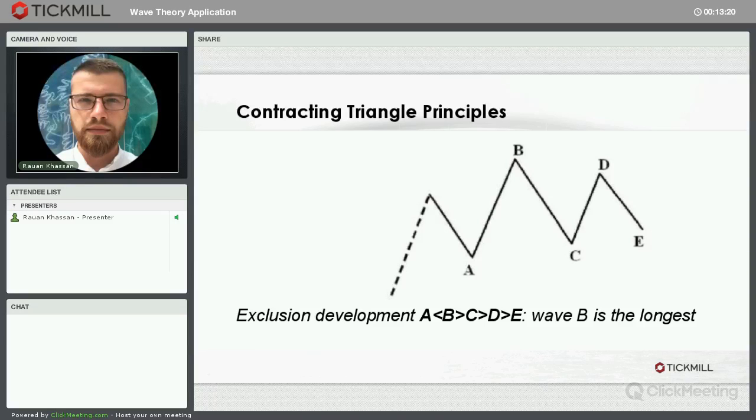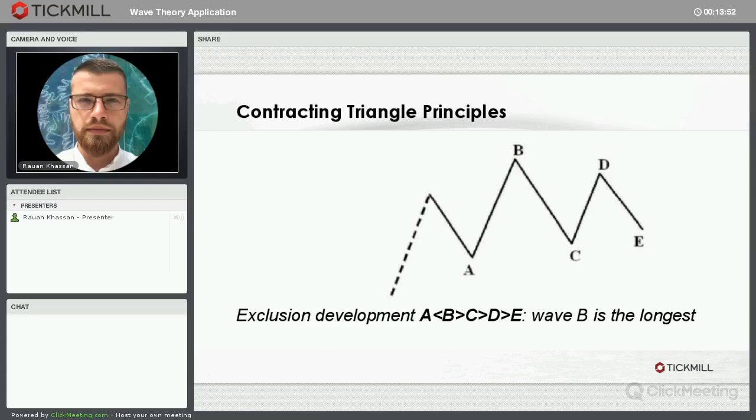As you probably know, Elliott wave has lots of exclusions and specific patterns. So in order to understand markets correctly and not get stuck into fake market signals, you need to pay additional attention to some exclusions. The first type of exclusions in case of contracting triangles is the longest wave B, as it's shown on the current chart.